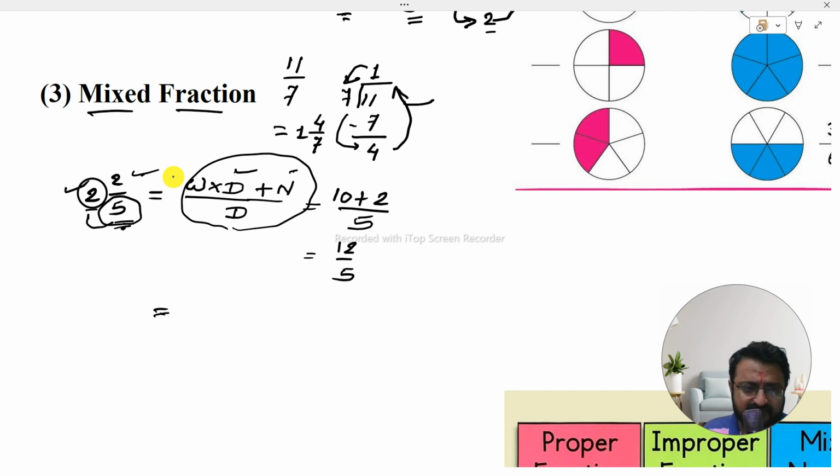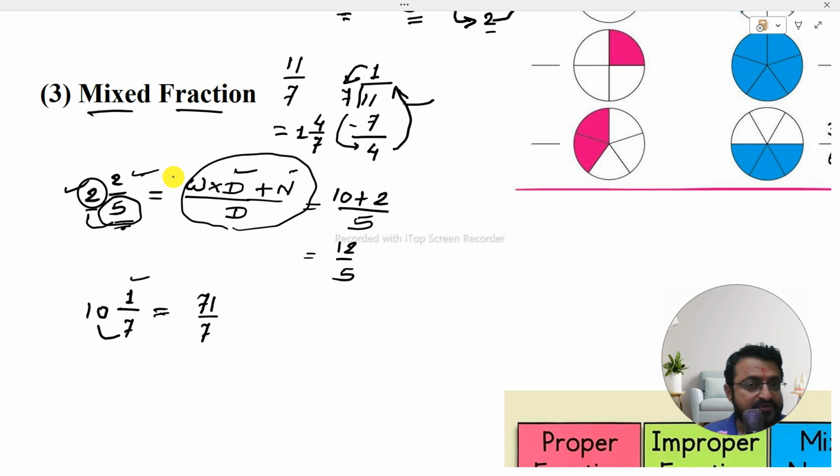I will give another example, like 10 whole 1 by 7. The answer is very simple: multiply 10 and 7 and add 1. 10 7s are 70. 70 plus 1, our answer is 71 upon 7. See how simple. You can do this without writing the formula.